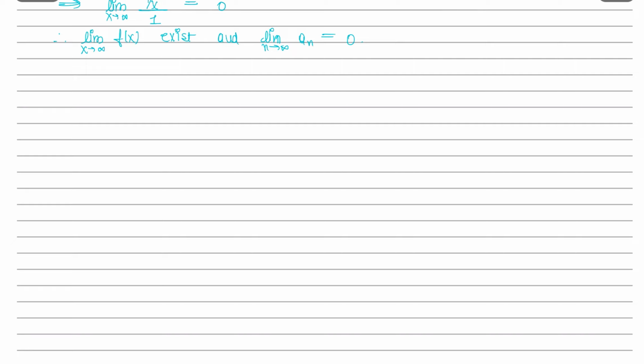Another question based over this same note is a_n is equal to 1 upon square root of n squared minus 1 minus square root of n squared plus n. We have to simplify this expression a_n before solving. The denominator contains square roots, so we will first rationalize these terms. We will rationalize it by multiplying by square root of n squared minus 1 plus square root of n squared plus n.